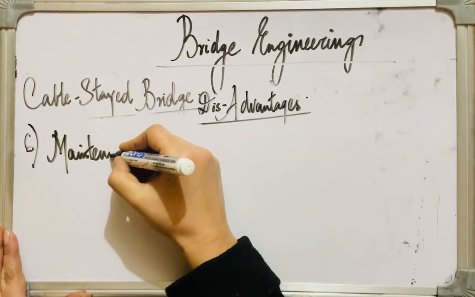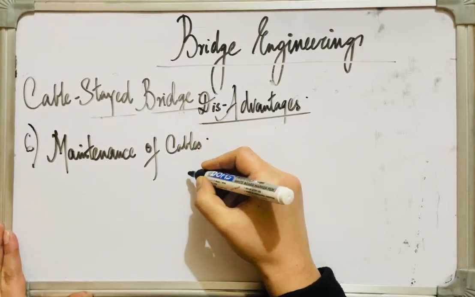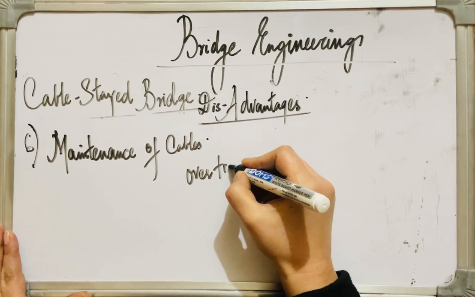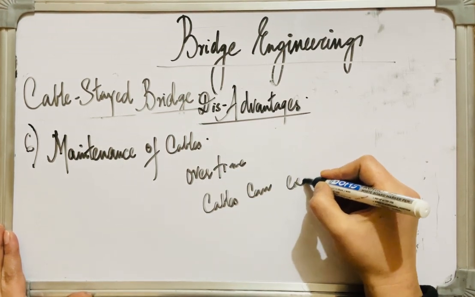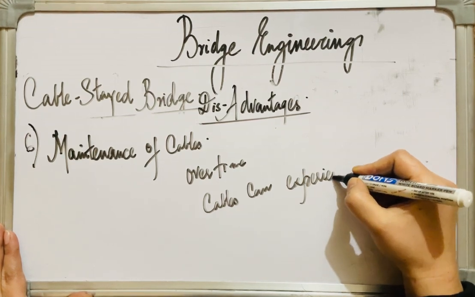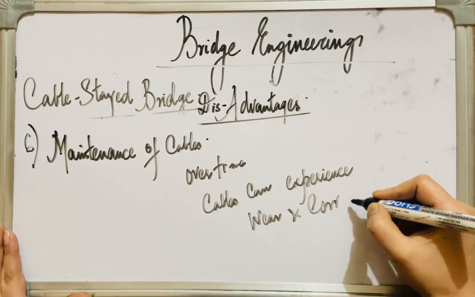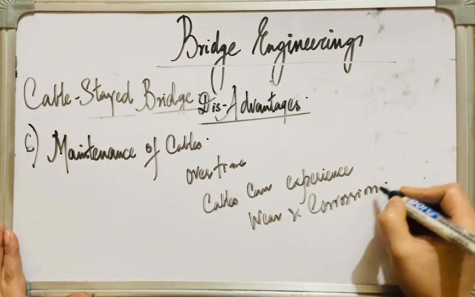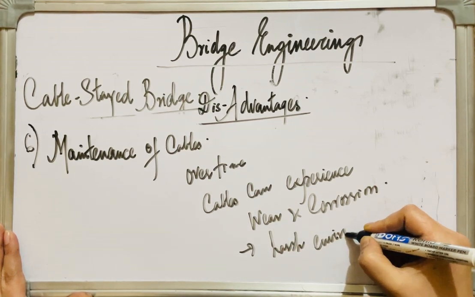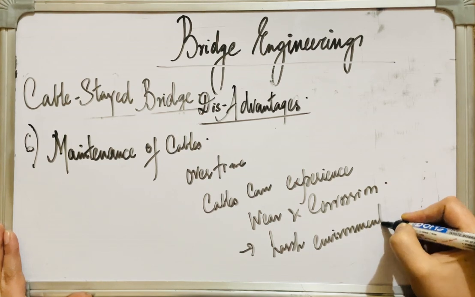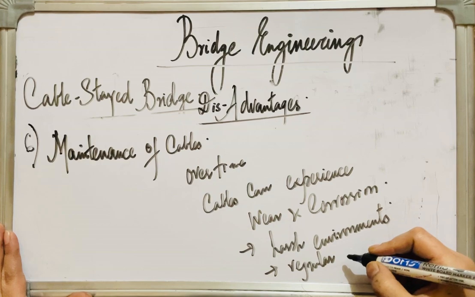The sixth disadvantage is maintenance of cables, because over time these cables can experience wear and corrosion, especially in those environments which are quite harsh. That means we have to go for regular inspections and replacements of cables as well.